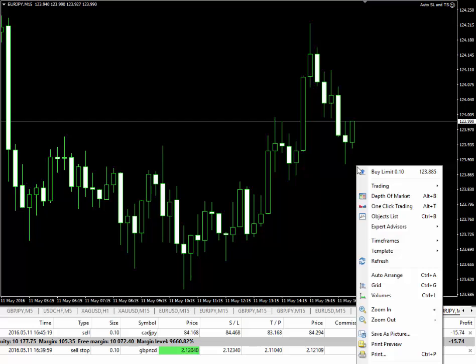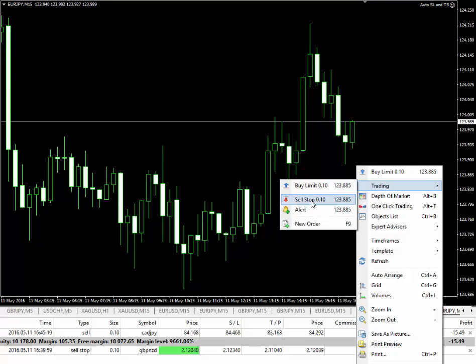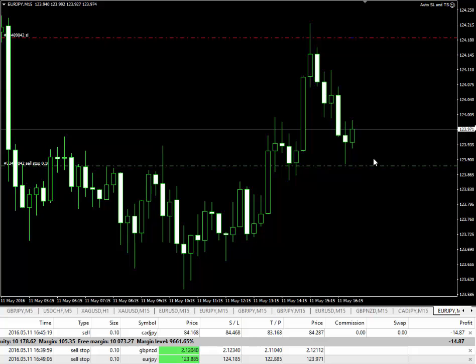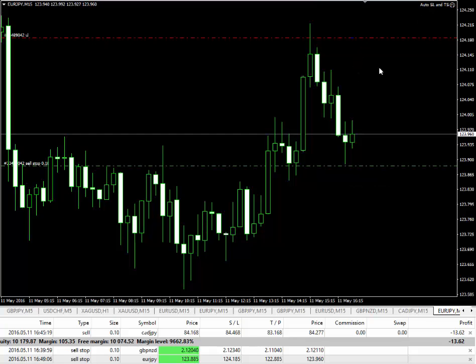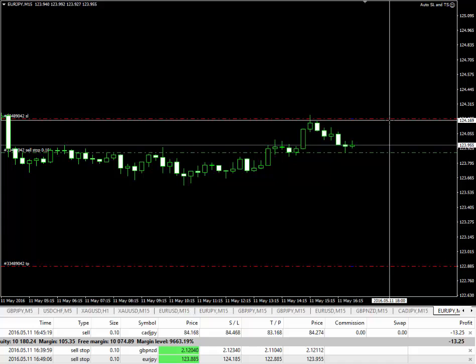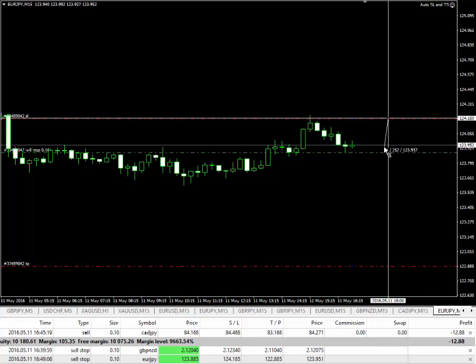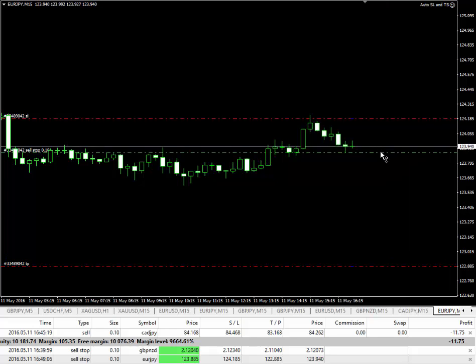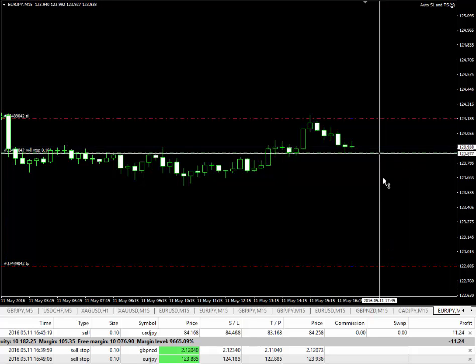So I will right click, go to trading, sell stop. Okay, there, I placed the sell pending order, and the EA has automatically placed a 30 pip stop loss. This is 30 pips, you can see, and a 100 pip take profit.